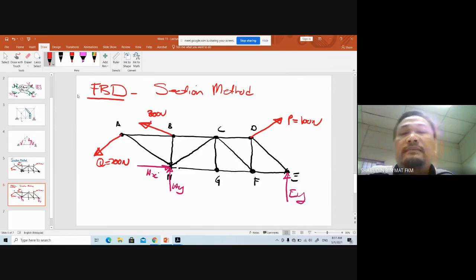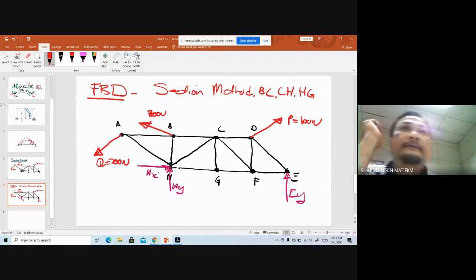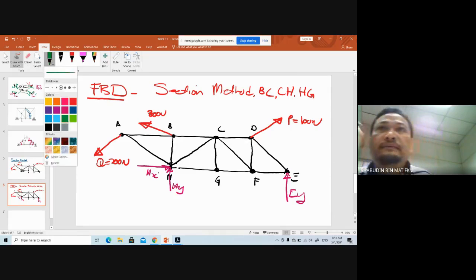So the structure below is in equilibrium. Determine the forces in BC. I ask you now, get the force in BC, CH, and HG. Those 3 only.